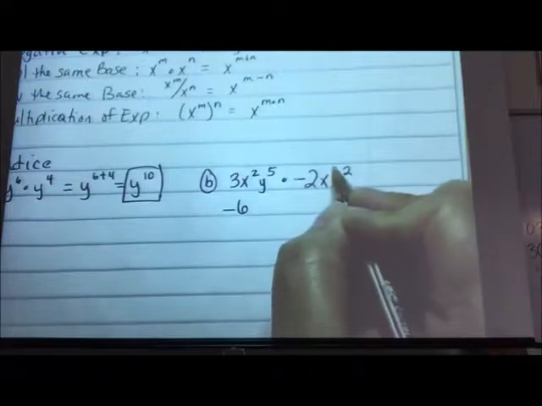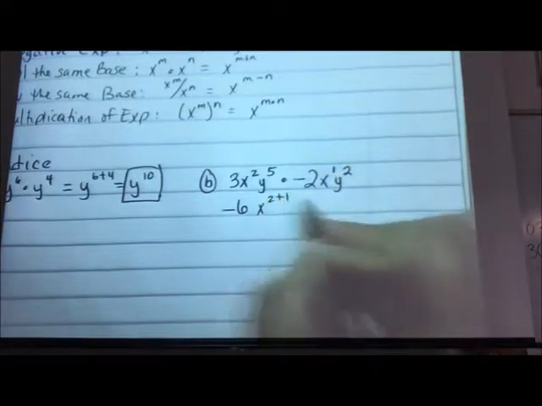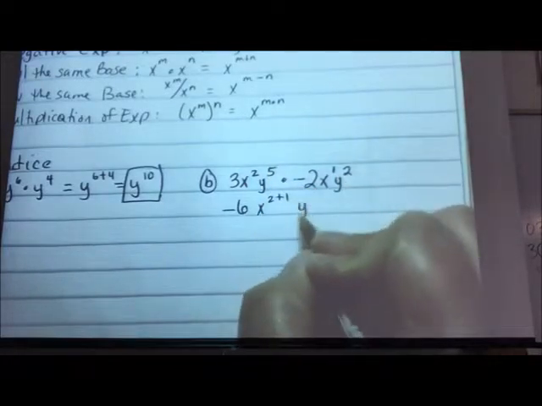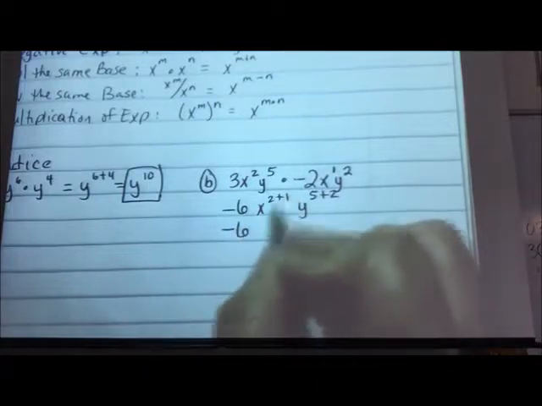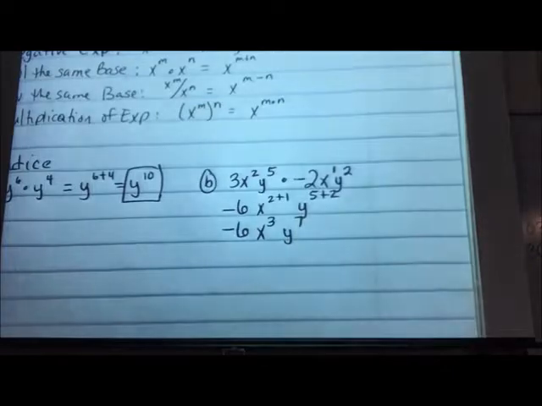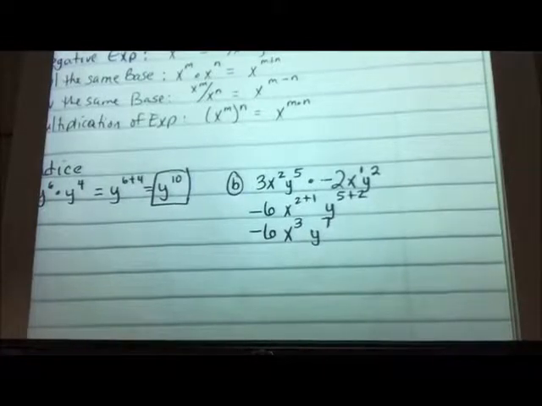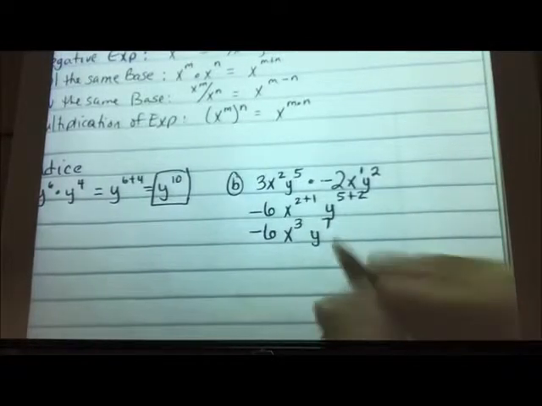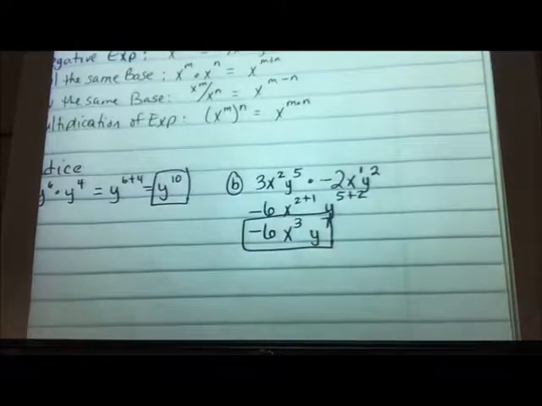This has a power of 1. What is 2 plus 1? And then we have to add the powers of y, which is 5 and 2. This becomes a negative 6, 2 and 1 becomes a 3, y to the 7th. So we do multiply the big numbers, but the exponents, we have to add them when there is multiplication.